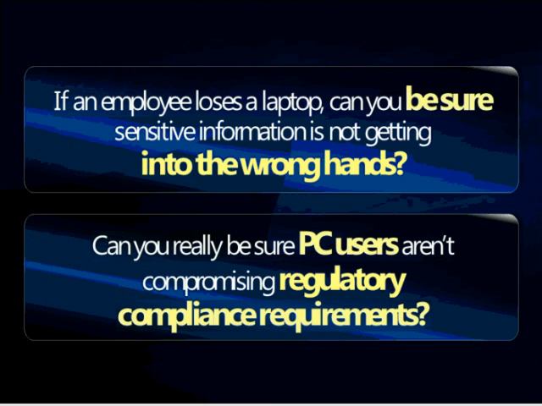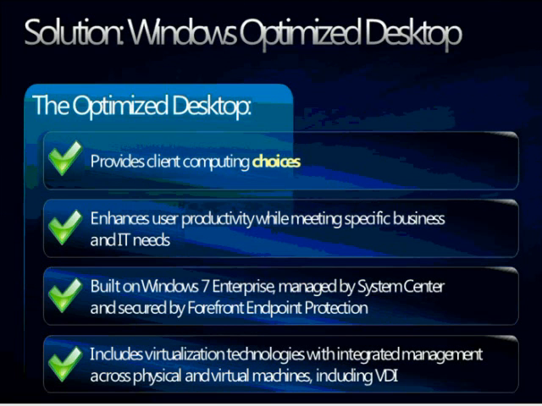How can we be sure that PC users aren't compromising those rules in their everyday operation? So these are two things that we can think about as we consider how we can optimize our desktop to ensure that we are managing the risk in our organizations in a manner that is compliant with today's requirements.